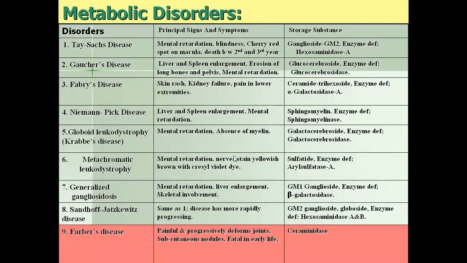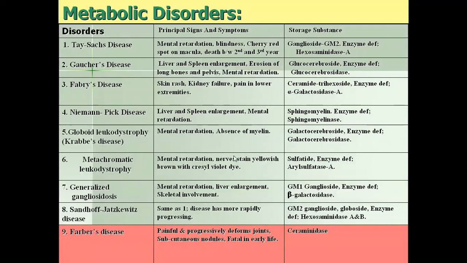There is mental retardation, and nerves become stained yellow-brown with crystal violet dye. The late infantile type usually manifests before 3 years of life, with gross involvement of the central nervous system: defects in locomotion, weakness, ataxia, hypotonia, paralysis, difficulty in speech and difficulty in eating, and optic atrophy may be seen.